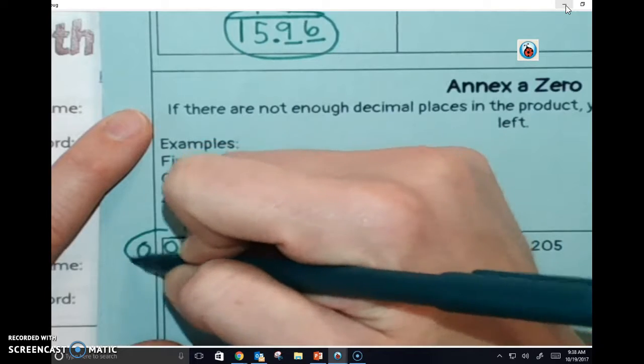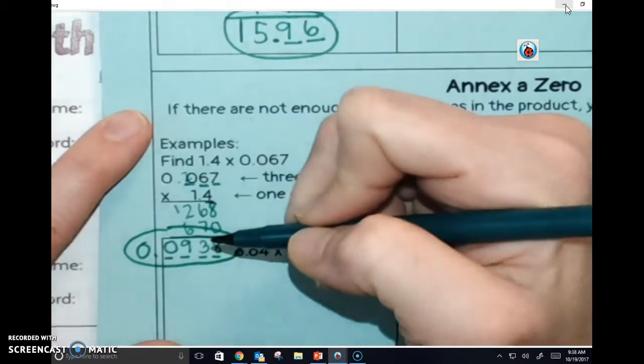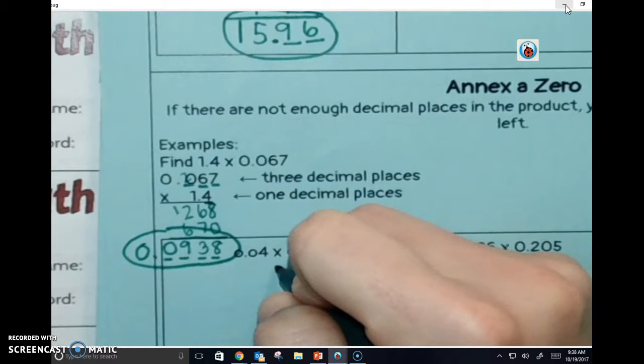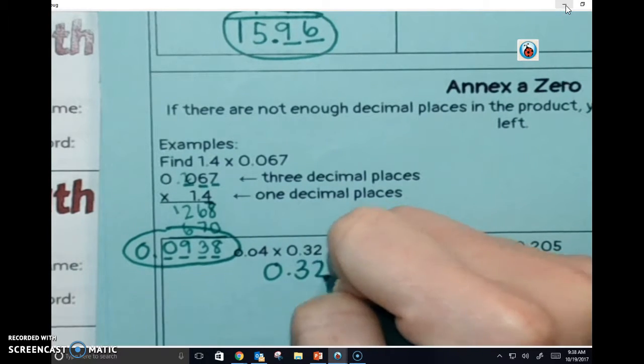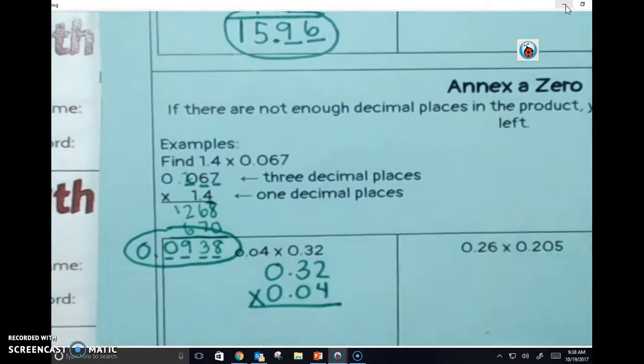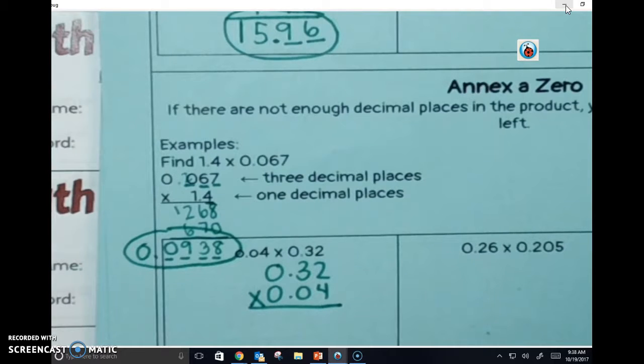Wow, that's beautiful. What number do you want to put on top of this one? Lucas? 0.32, I would say that too. Because it's just like we're taking 32 times 4, isn't it?